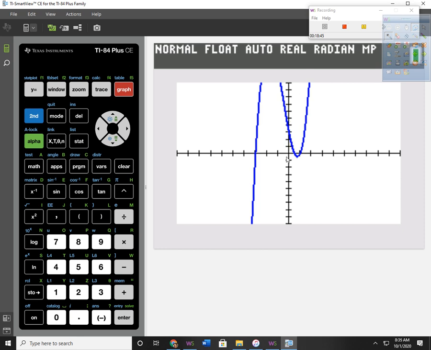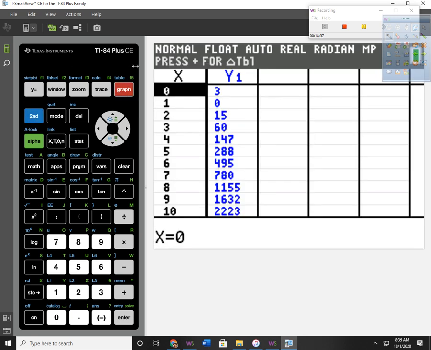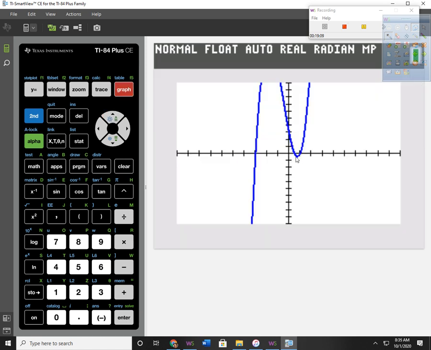All right, so if you look at this, it looks like negative 3 is an option, and it also looks like it's crossing at 1. But I'm going to go to my table, second graph, and if you look at 1, see how 1 has a 0? And it looks like negative 3 also has a 0. But those are the only 2, right? That other one doesn't cross evenly, so that might be like a positive 1/2.